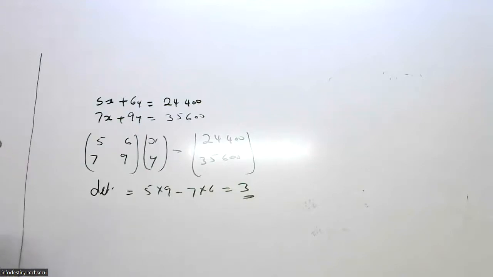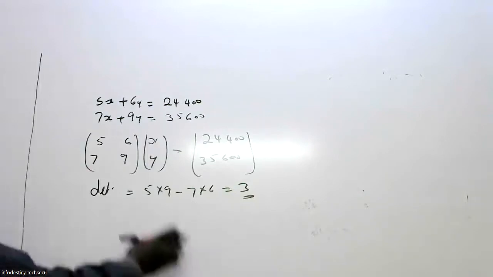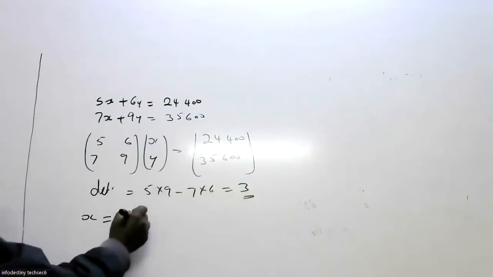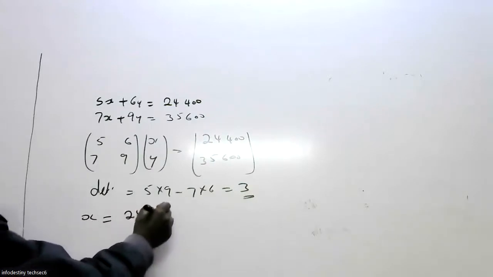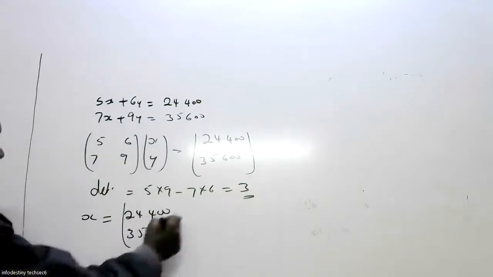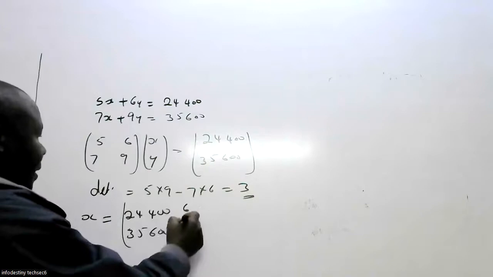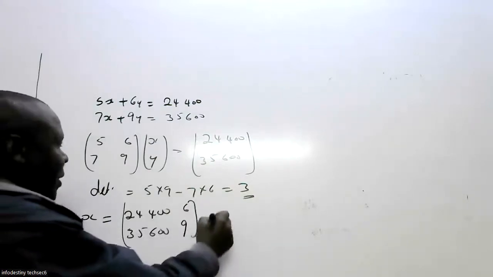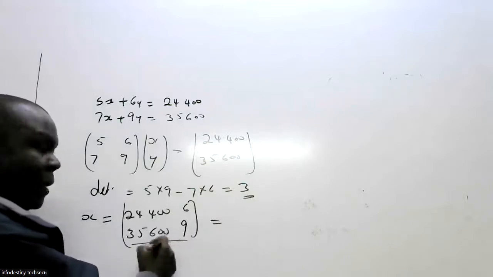Okay. Now after that, I said you're using the Cramer method. Now we get our X. X will be equal to the matrix with 24,400 and 35,600 in the first column, then 6, 9, divided by 3.